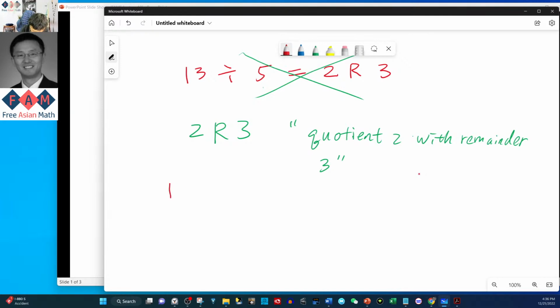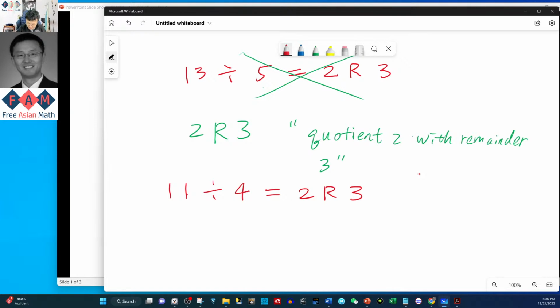So if we use 4 to divide 11, what do we have? We once again have a quotient 2 and a remainder 3, right? This can be very easily verified.